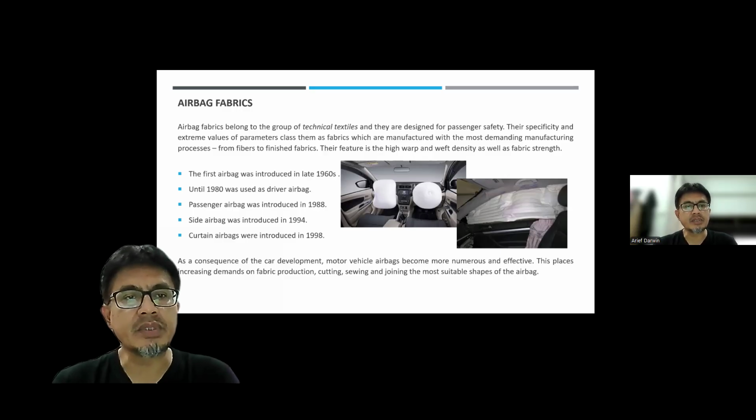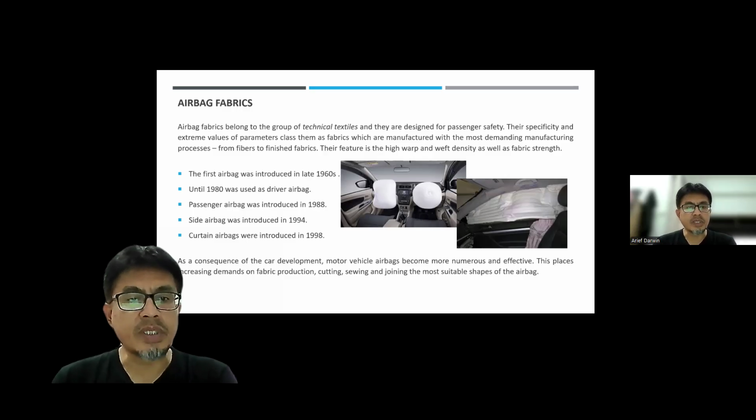The first airbag was introduced in the late 1960s and until the 1980s was used as the driver airbag. The passenger airbag was introduced in 1988, and then the side airbag was introduced in 1994, and later the curtain airbags were introduced in 1998.